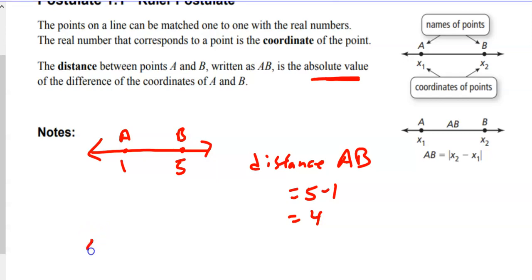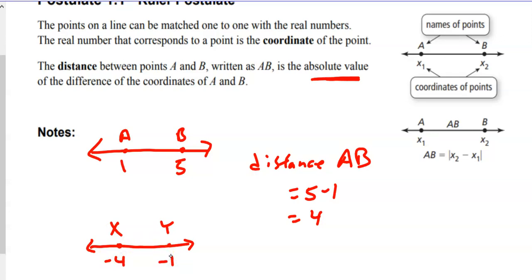But if I have something that's negative, let me make another example here. I'll call this X and Y. Let's make it -4 and -1 over here.